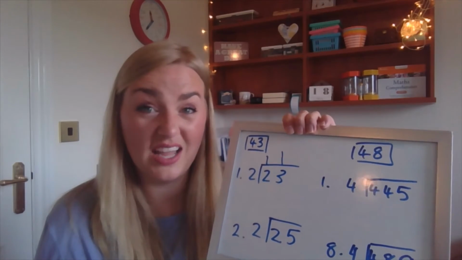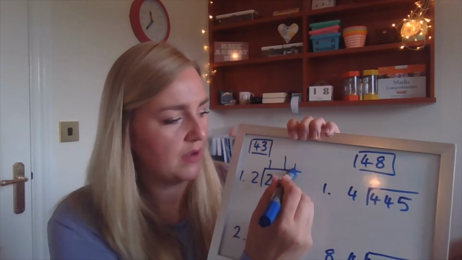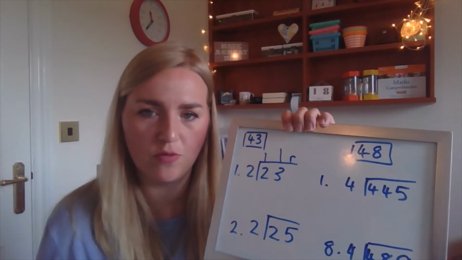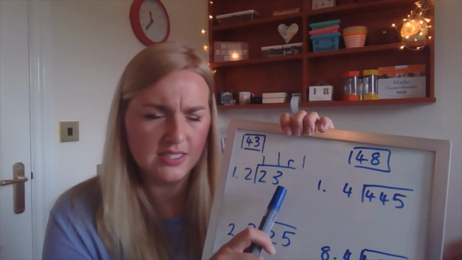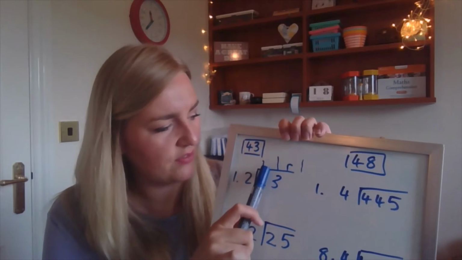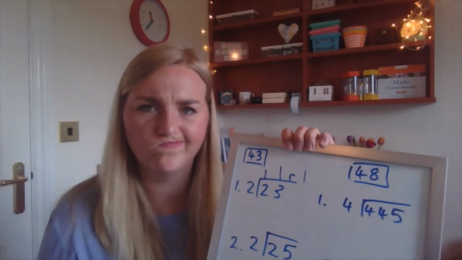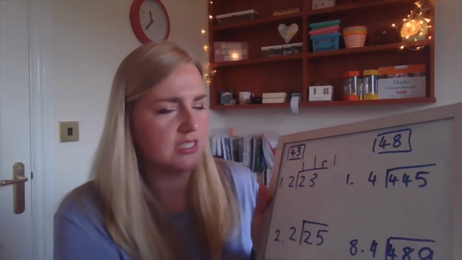That means I've got 1 left over. I need to get 1 more to make up the number. So that's going to be my remainder, and we do a little r for that, remainder 1. So my answer for 23 divided by 2 is 11, remainder 1.